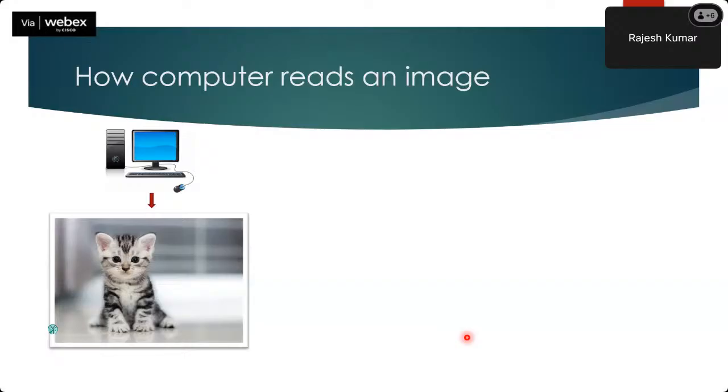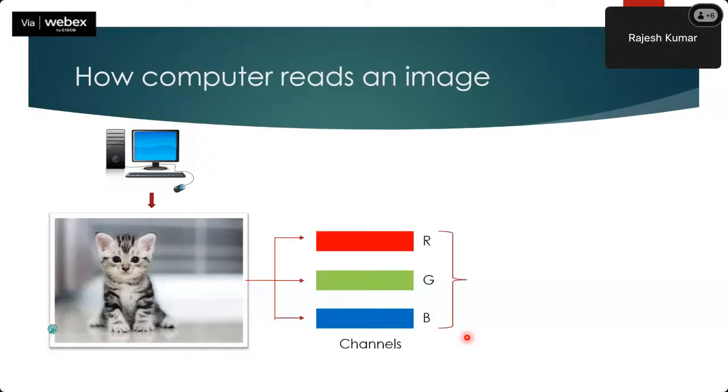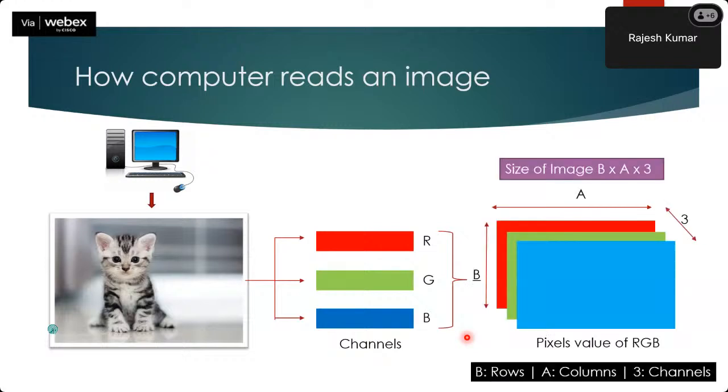So now this is an image, this is how we see the image. But when we pass this image to a computer, the computer will break it into three channels, basically RGB channels. Those channels have a configuration.